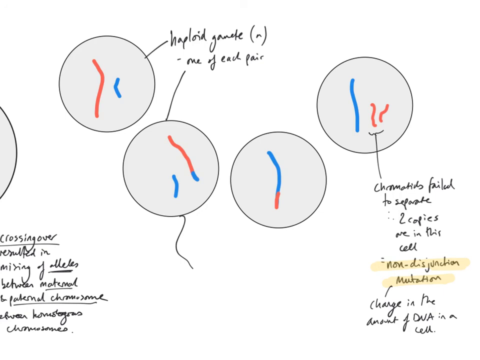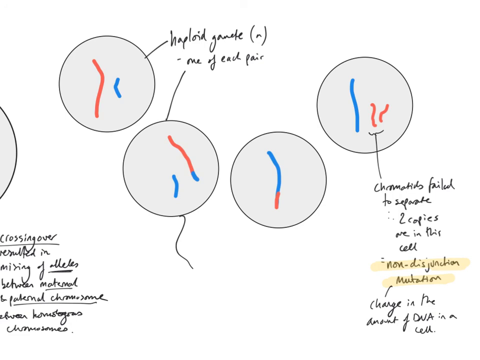Therefore, the gamete that was produced wasn't fully haploid. It had a pair of X chromosomes, and therefore when fertilized, a Y chromosome carrying sperm came along, and therefore ended up with an XXY offspring. And that's really it.